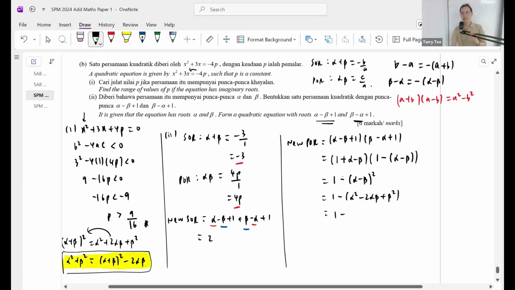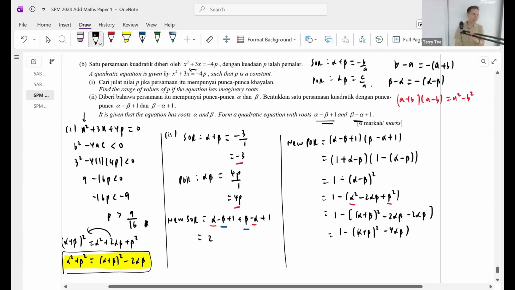Okay, so I'm going to use that now. This alpha square plus beta square, which represents these two here, I'm going to use alpha plus beta square minus 2 alpha beta, but there is another minus 2 alpha beta at the back. So that gives me 1 minus alpha plus beta bracket square minus 4 alpha beta.